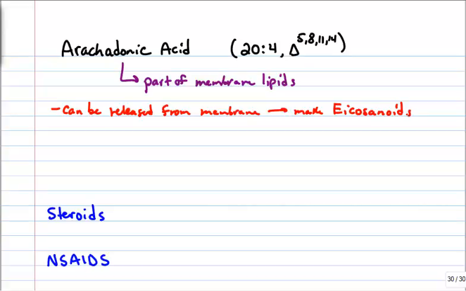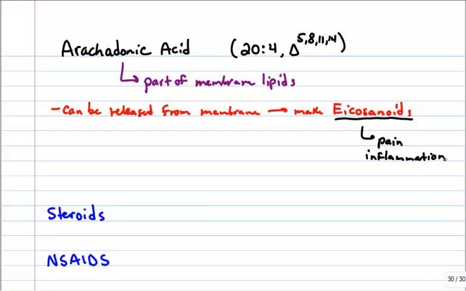And eicosanoids, again, we're going to learn more about in class. These are a type of lipid molecule that we make endogenously, in our body, and just two of the roles are pain and inflammation. I could go on with some other things, but it's involved in regulation of pain and inflammation.